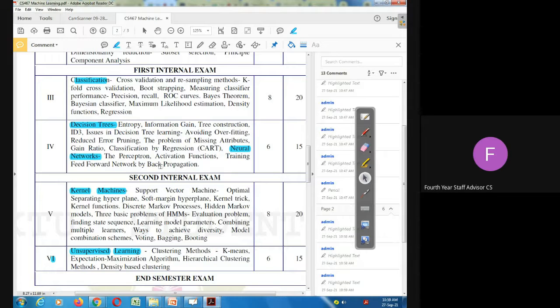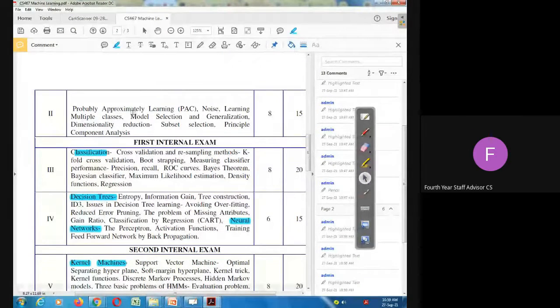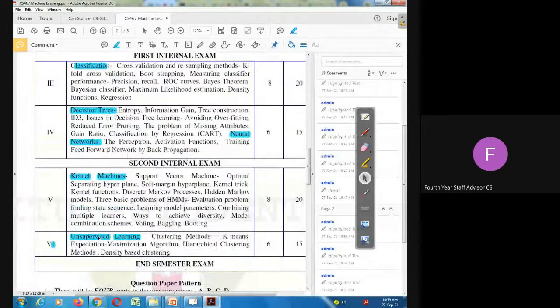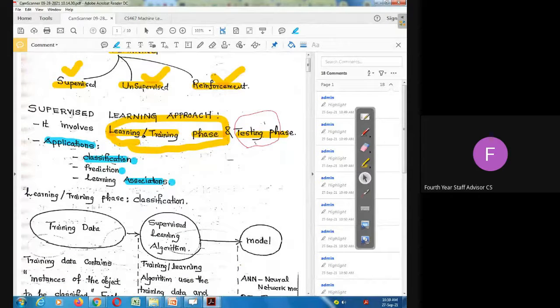The same topic we want to study here in module 4. Basically we study different supervised learning methods in our syllabus, and unsupervised learning only in the last module. So the supervised learning concept is very important, and you should understand the basic concept.